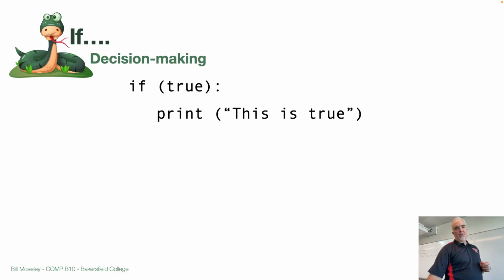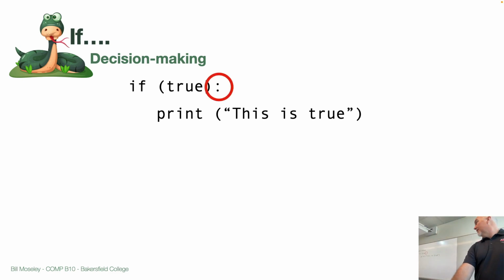The two key things there are the colon and the next line being indented. Just to be very clear, everything that gets executed if this is true needs to be indented. And when you stop indenting, that's the end of this code block that gets executed.